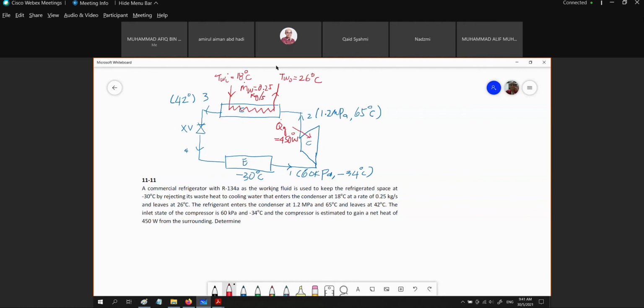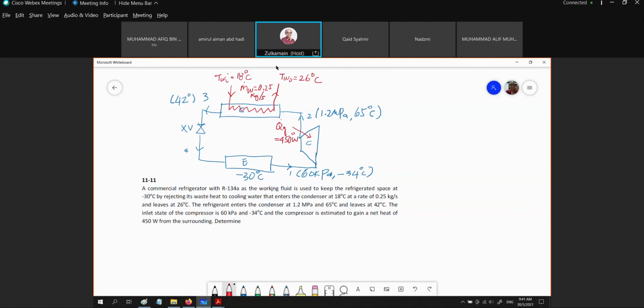Remember, the 60 kPa is the pressure of the evaporator. The minus 30 is the refrigerated space. So this is what we have.